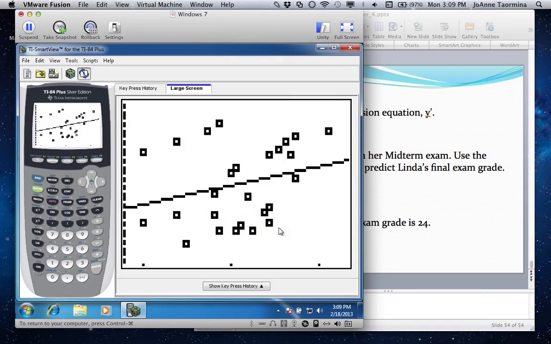Now, because our correlation coefficient and our coefficient of determination were both low, they weren't very high measures for those two values, it may be unreasonable to use this linear equation as a predictor.